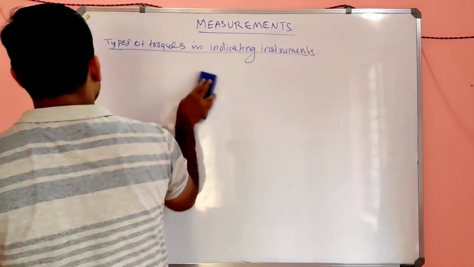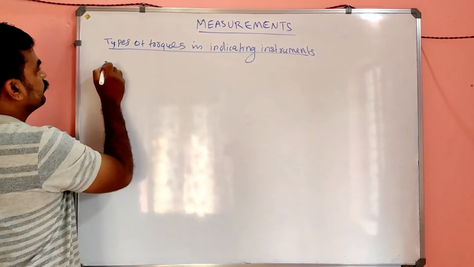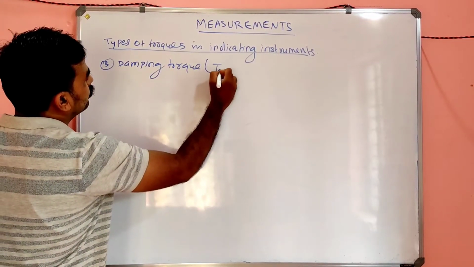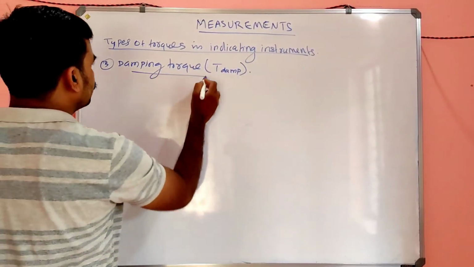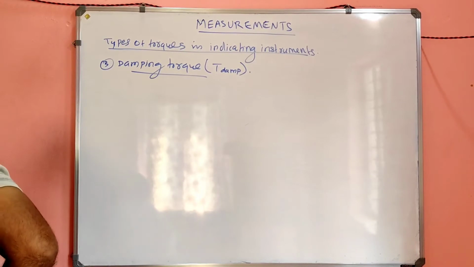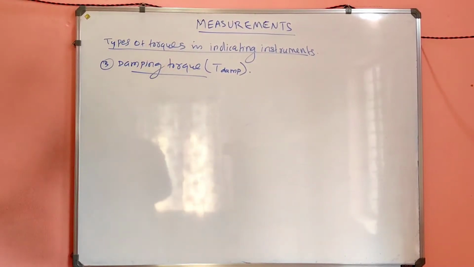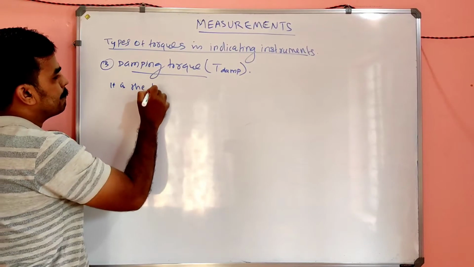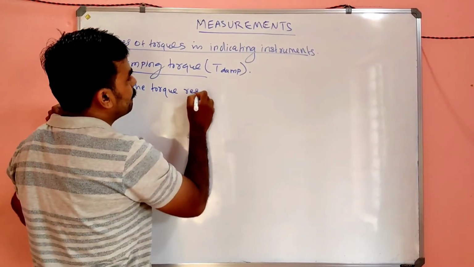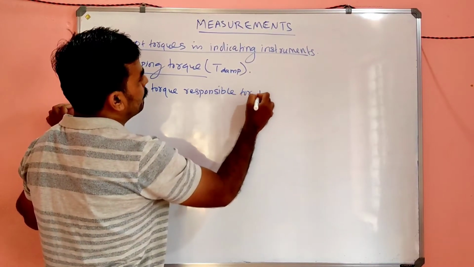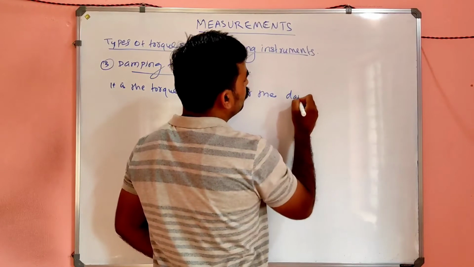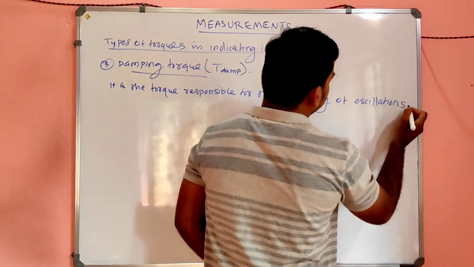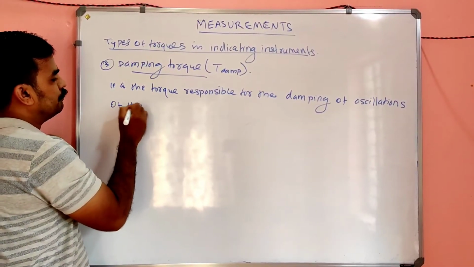Now the third type of torque is called damping torque. Damping torque, my dear, is the torque responsible for the damping of oscillations of the pointer.